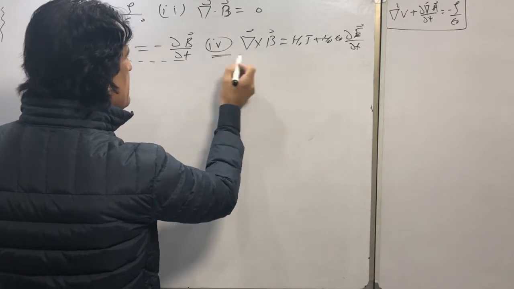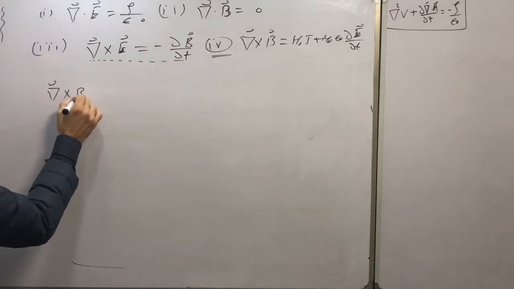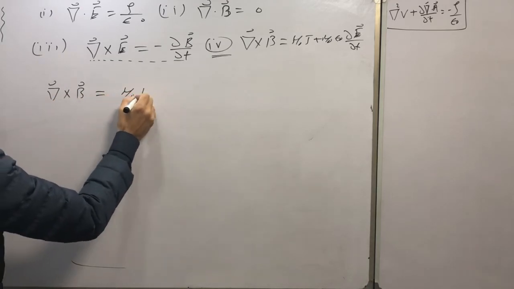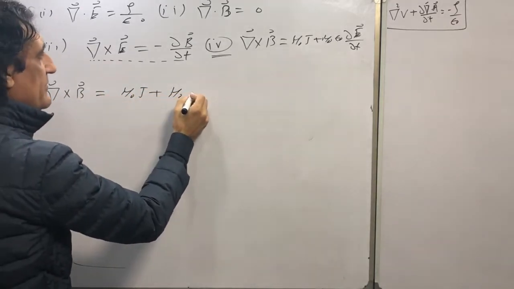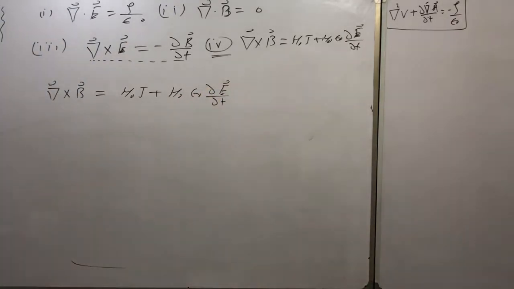Now take equation 4 of Maxwell's equations, del cross B, which is equal to mu naught J plus mu naught epsilon naught partial E divided by partial t.